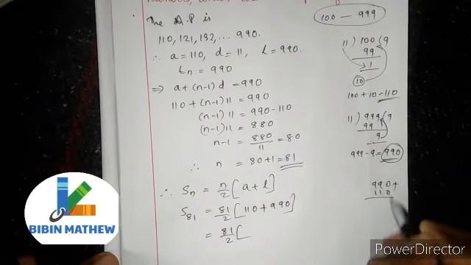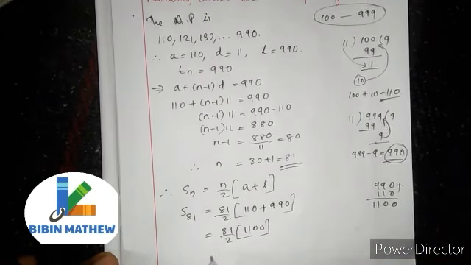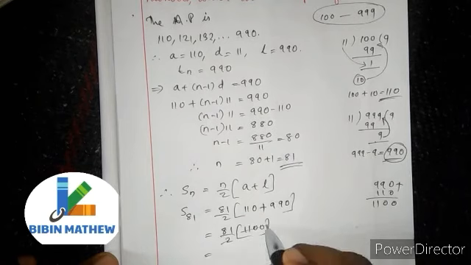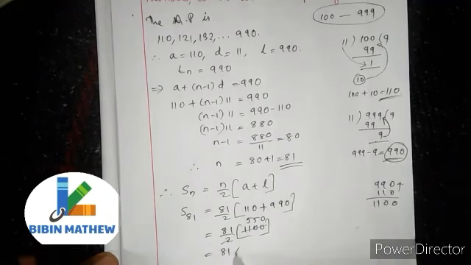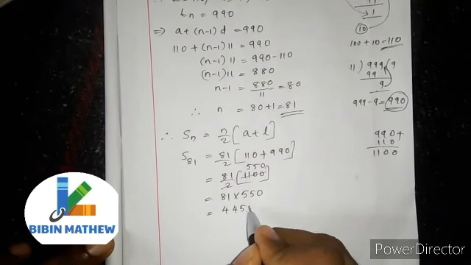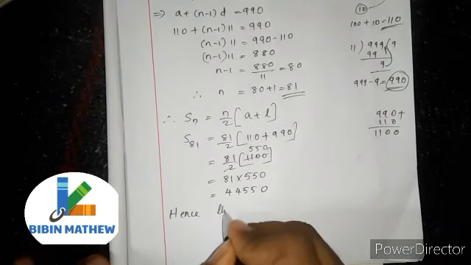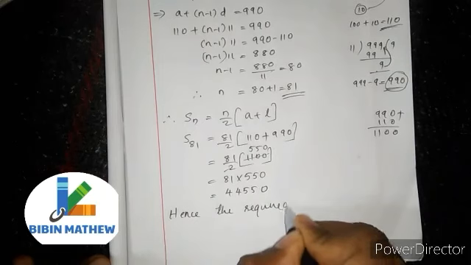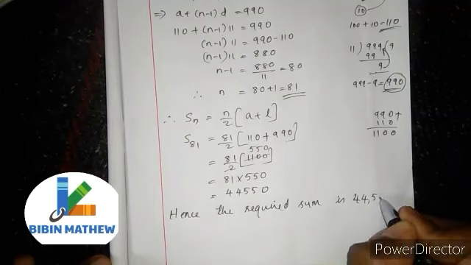सो 110 प्लस 990 दैट इज द लास्ट टर्म इज इक्वल टू 81/2 इंटू ऐड करिए, 1100 आएगा. फिर भी एक बार बगल में करके देखिए सो दैट यू विल नॉट मेक एनी मिस्टेक. नाउ कट हो जाएगा, 550 आएगा. सो 81 इंटू 550 दैट्स इक्वल टू 44,550.